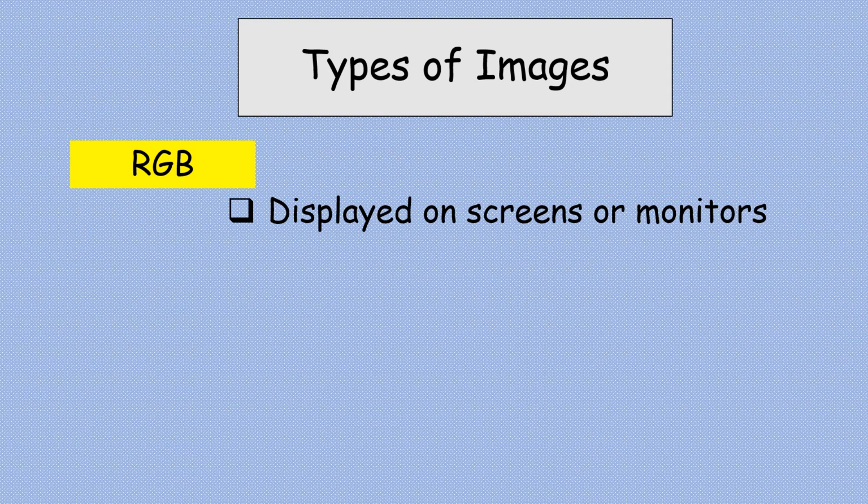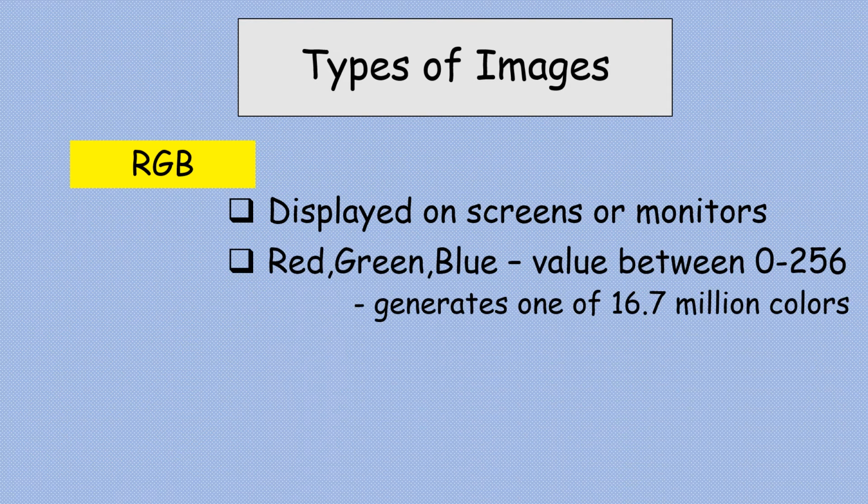The other type of images is the RGB. The RGB image type is used primarily for everything that is displayed on screens or monitors. The red, green, and blue colors are assigned a value between 0 and 256.